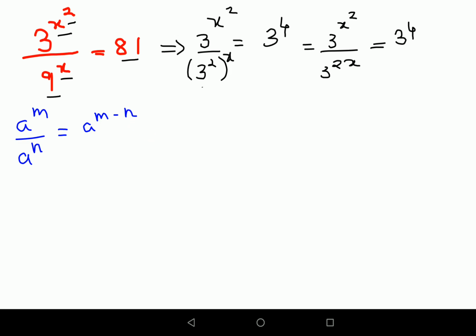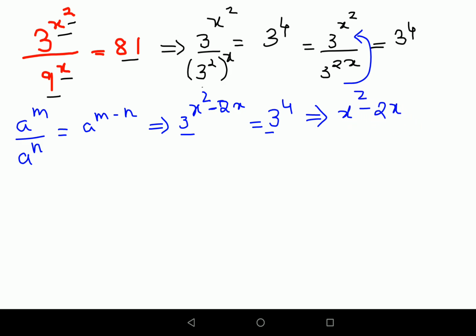Using the same logic, this will now look like 3 raised to x square minus 2x equals 3 raised to 4. Now the bases are the same, so you can change your entire question to x square minus 2x equals 4. You just have to equate the indices.